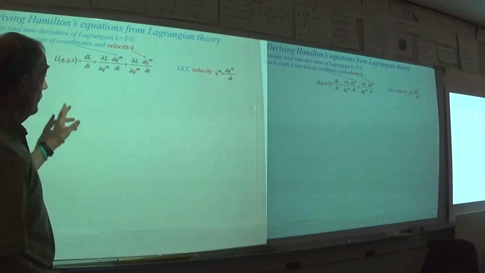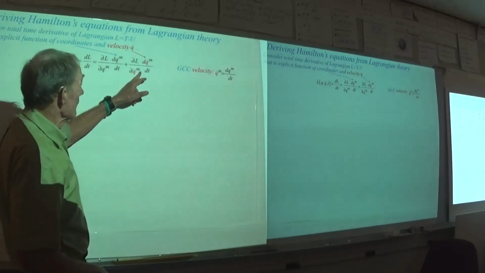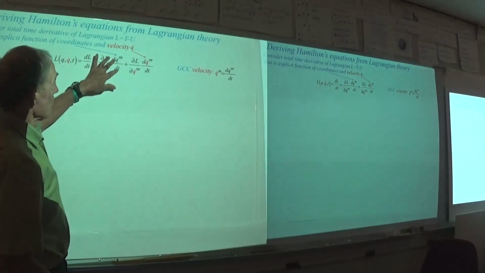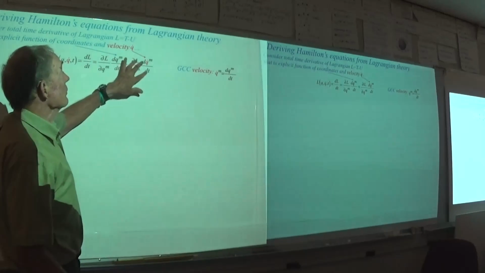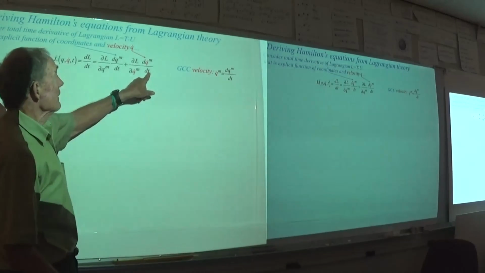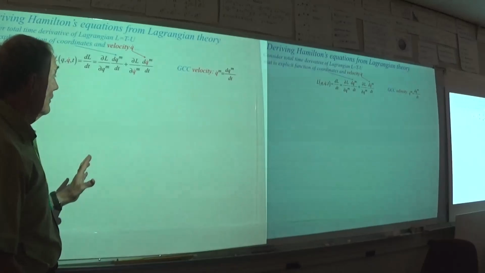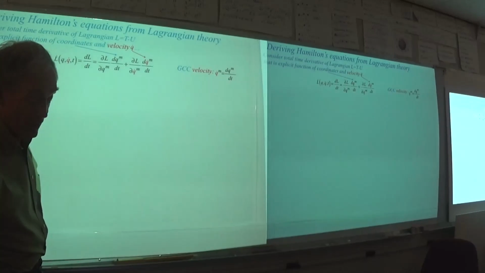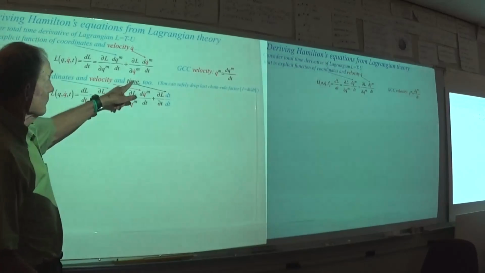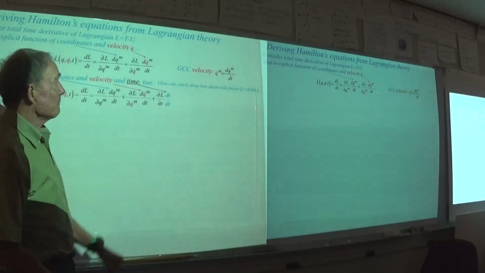So in addition to these two terms involving the time derivative of the coordinate, that's a velocity, and then the time derivative of the generalized velocity, that's an acceleration, a queer acceleration, we need to advance this to the point where you include time as well.